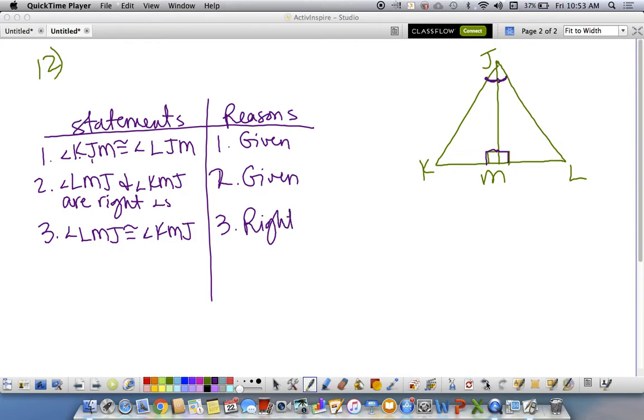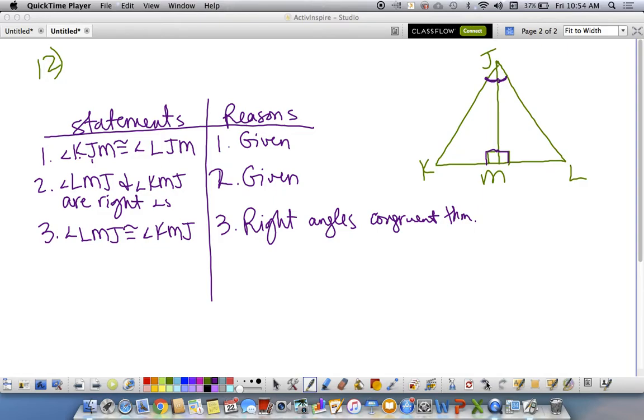Does it have a name? Right angles congruent. This is all right angles must be congruent.